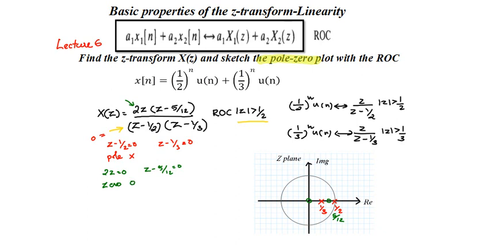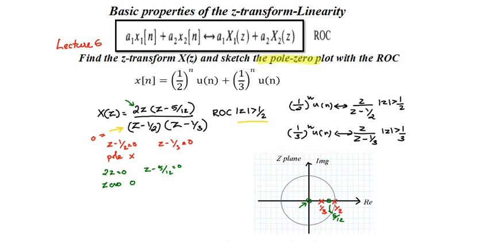So in this question one zero is at z is equal to 0 and another one is at z is equal to 5 by 12.